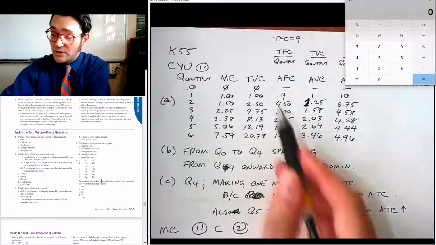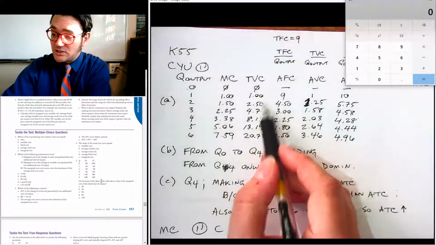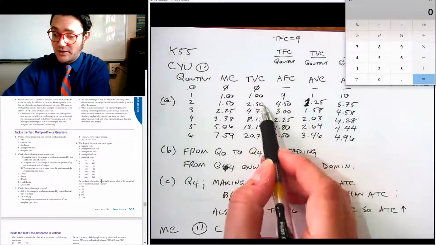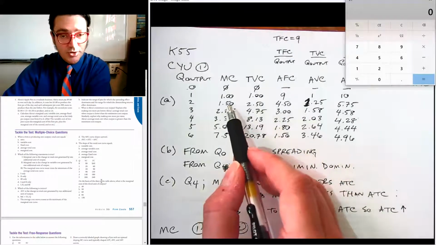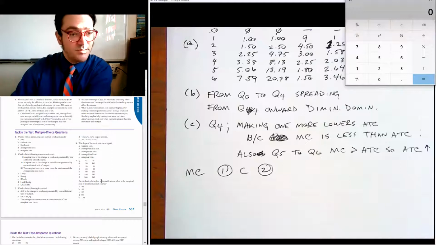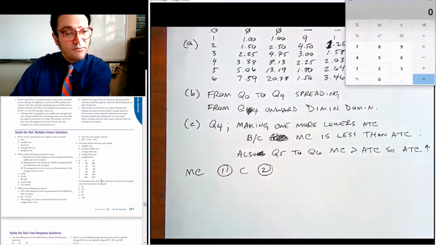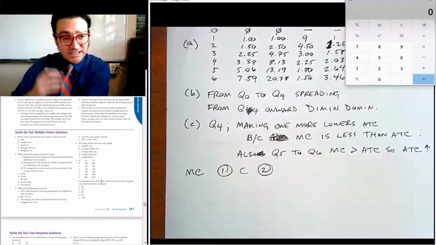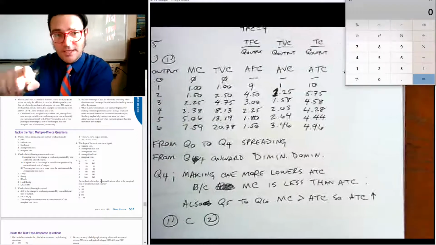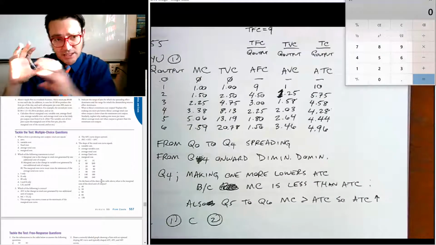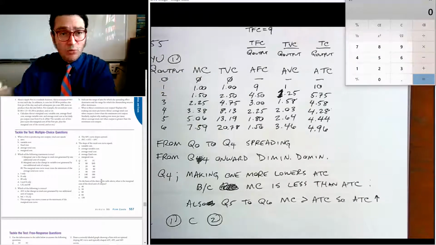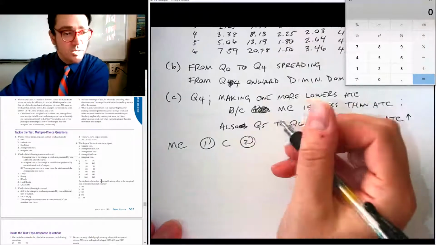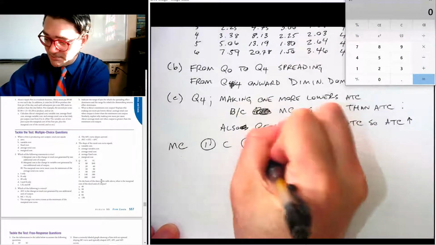And we can look up here and ask, what's the change in variable cost going from unit 1 to unit 2? Well, it's $1.50. That's the marginal cost. So that second statement is also true. The marginal cost curve must cross the minimum of the ATC. That is also true. And if we were to graph all those points, you would be able to see that the marginal cost curve goes right through the minimum point of the ATC. So all 3 of those statements are true, that would be E.